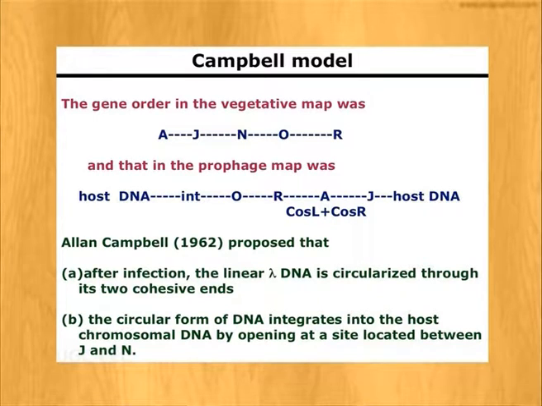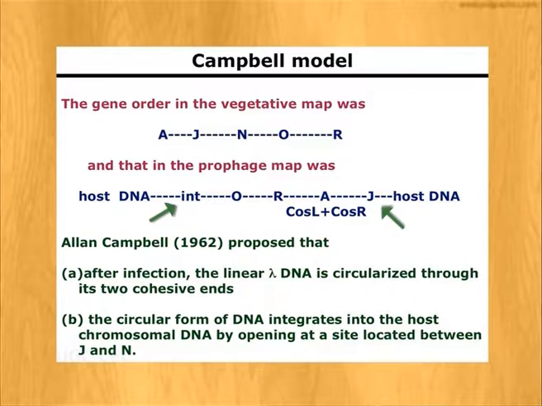Now, if we look into the map of the lambda genome before and after integration into the E. coli chromosome, we will see in the vegetative map, that means the map of the DNA when the DNA is present in the phage head, at one end the A gene is present, on the other end the R gene is present.